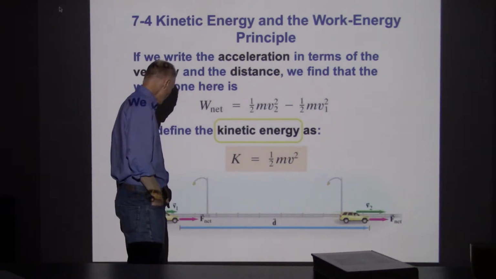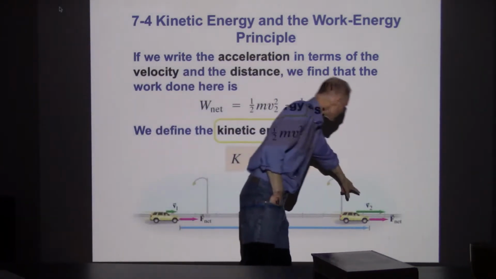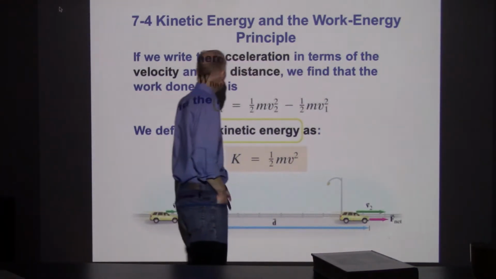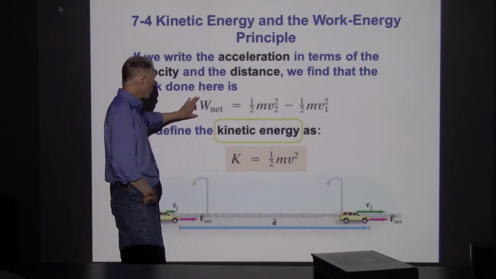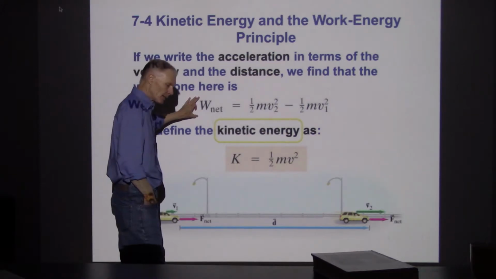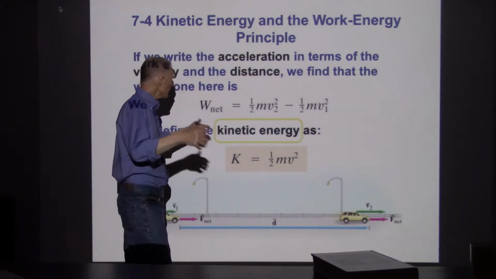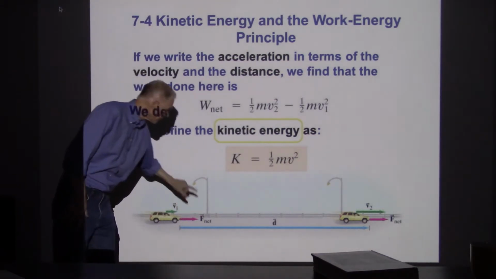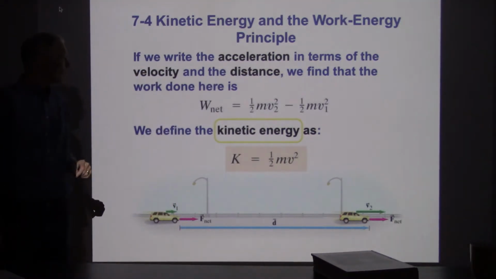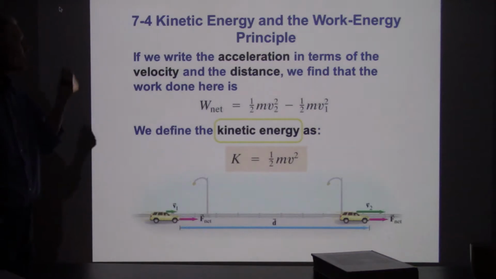Let's say that the car goes from speed v1 and picks up speed all the way to v2. If we go through and show the amount of work that F net has done, what that will show up as is 1/2 mv squared.